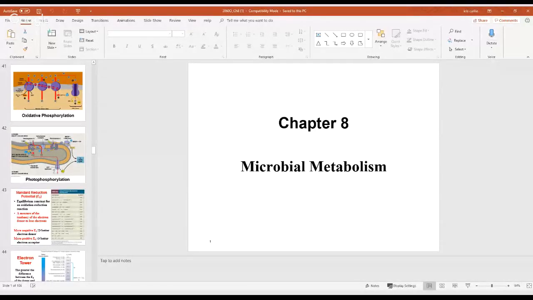So standard reduction potential. I think we're on the same page right now. Okay, so let's look at this one. Why is it not moving like it's supposed to? Okay, hold on.